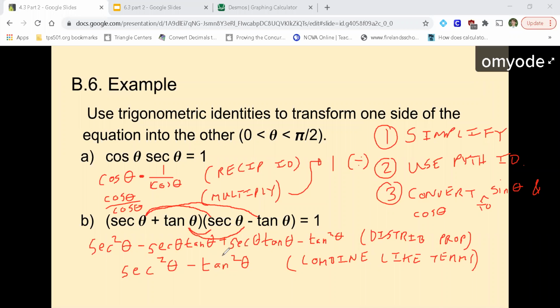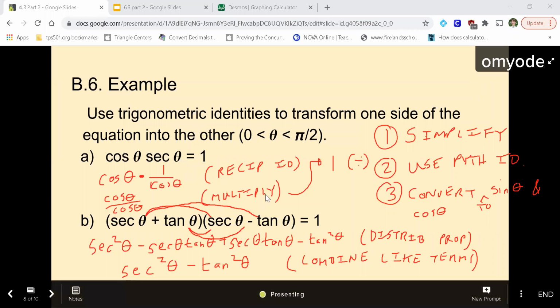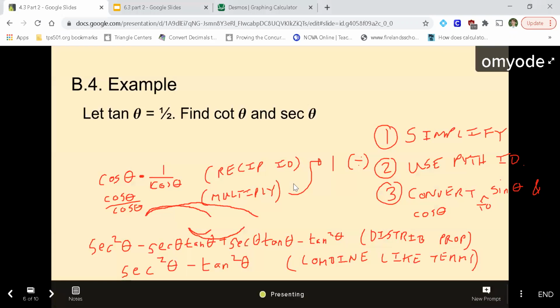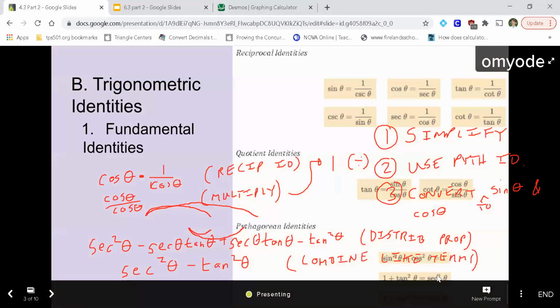Okay, I'll tell you, whenever you're doing these problems and you get a trig function squared, it is like a flashing red light. You should be using a Pythagorean identity. It's a strong hint that a Pythagorean identity will get you where you need to go. So if we look at our Pythagorean identities, you can see that secant squared is 1 plus tangent squared.